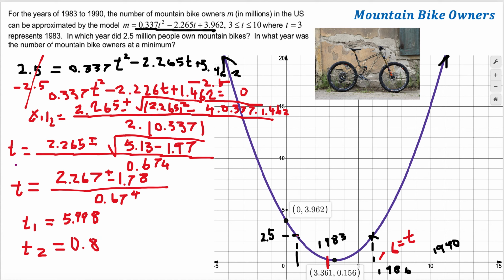What we have here is this value. Here was t equal between 1983, 1982, 1981. At the end of 1980, it was 2.5 million, and in 1986 it was the same number of bike owners. It was 2.5 million bike owners.